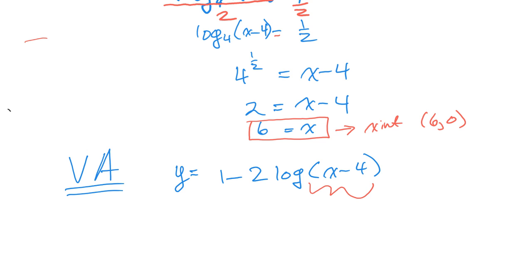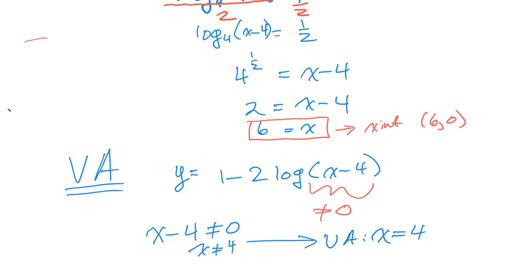This whole part here cannot equal 0. So we say x minus 4 can't equal 0, so we end up with x cannot equal 4. That means our vertical asymptote is x is equal to 4.